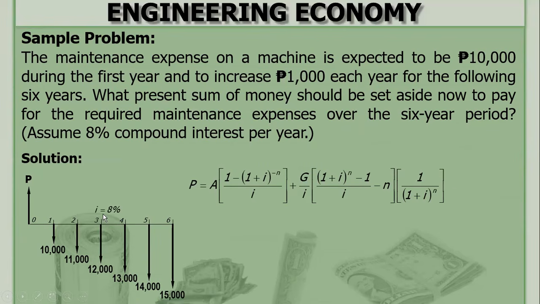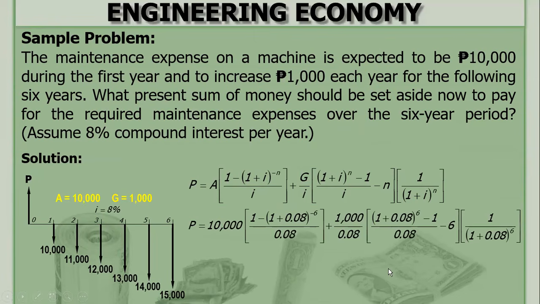Our i is 8%. Our A is 10,000 and our G is 1,000. And then direct substitution. This is the present sum of money.